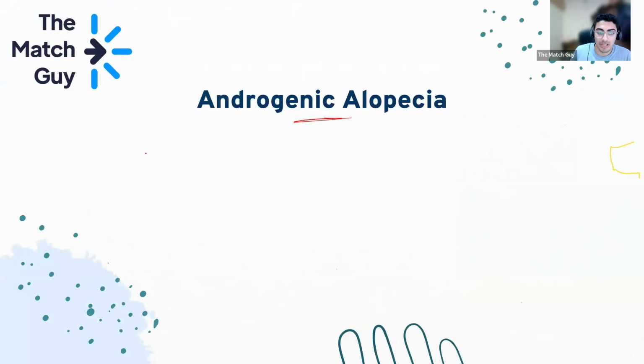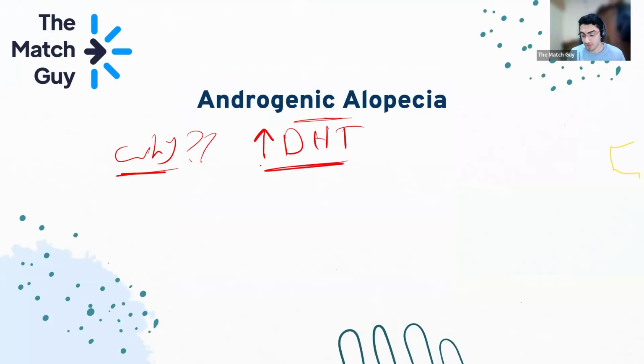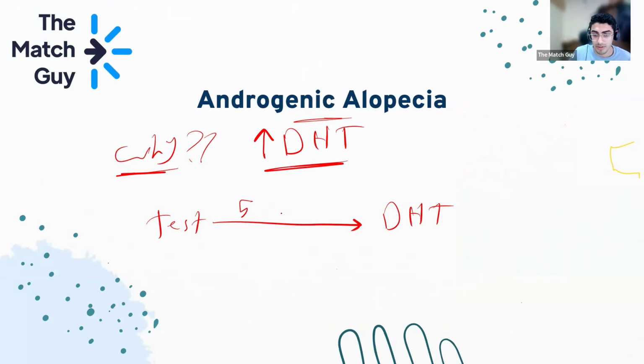So why does androgenic alopecia happen? Because of an increase in a hormone called DHT, dihydrotestosterone. We have a hormone called testosterone, and this testosterone can be converted into DHT by an enzyme called 5-alpha reductase.